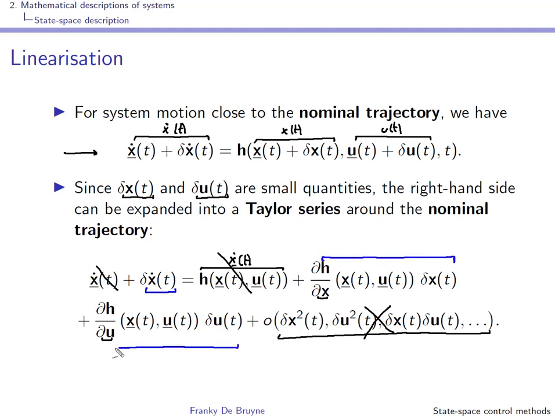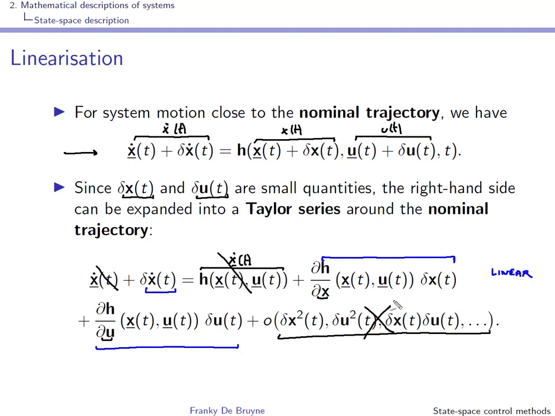and this is a state space description of the variation. Okay, so we have the derivative of dx here, that is a function of dx and du, and it's a linear state space description, right?